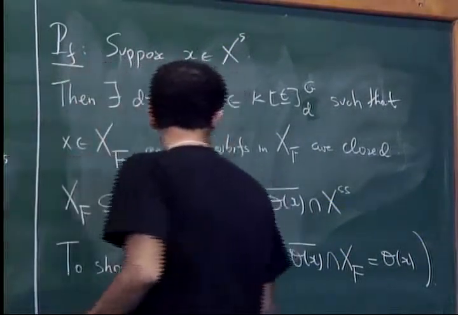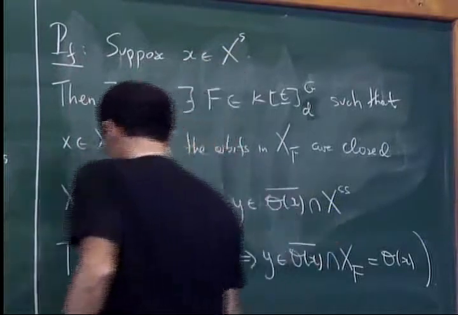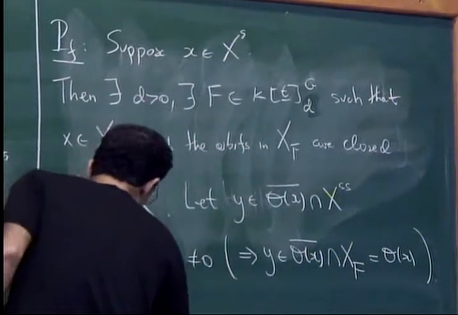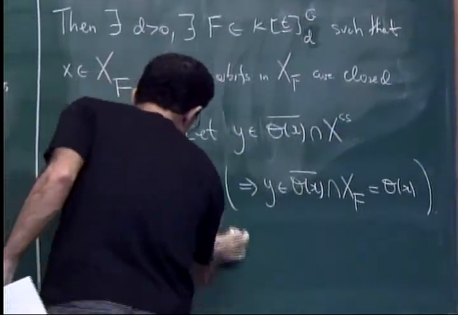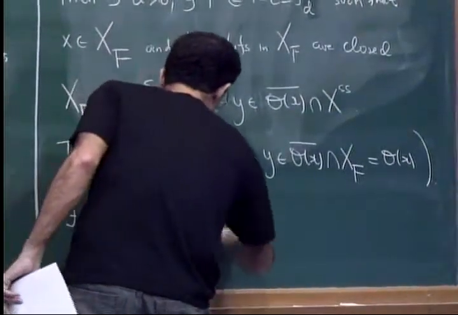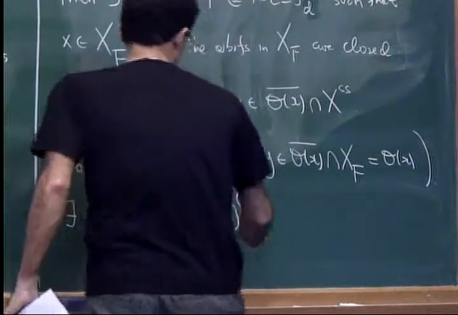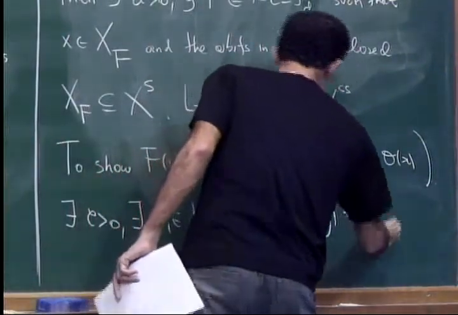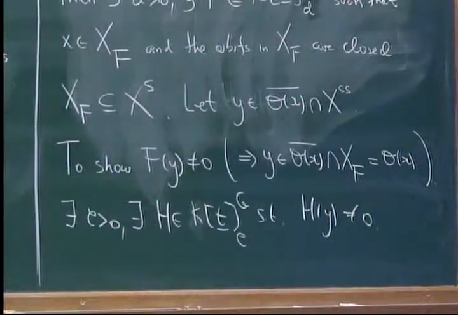Okay, so we pick this point. It's a semi-stable point. So that means that there is an integer and a polynomial, the same thing as before, well, almost the same thing, such that H of Y is different from 0. Okay, because it's semi-stable.